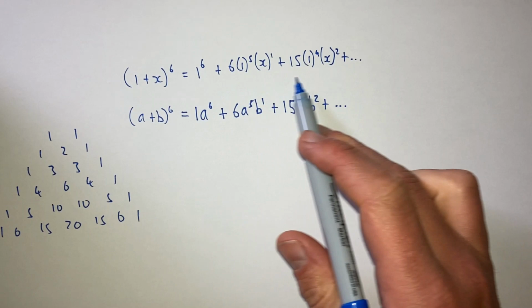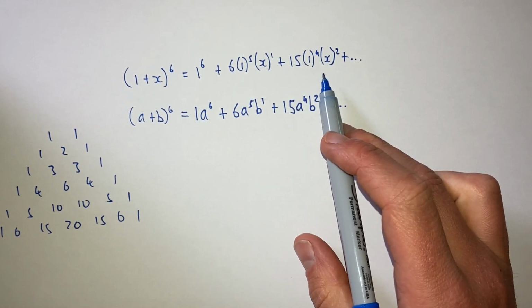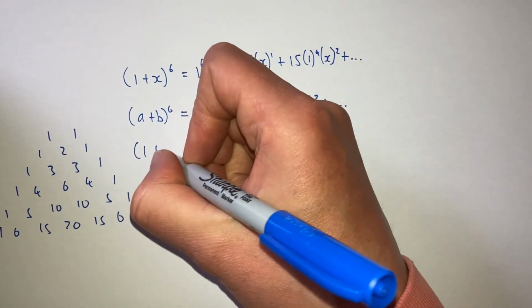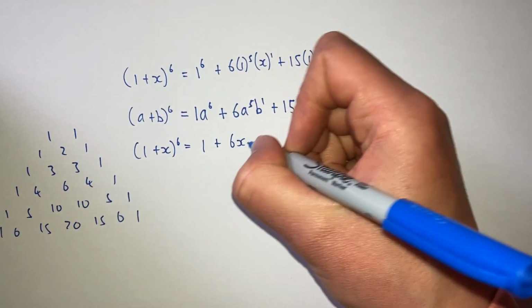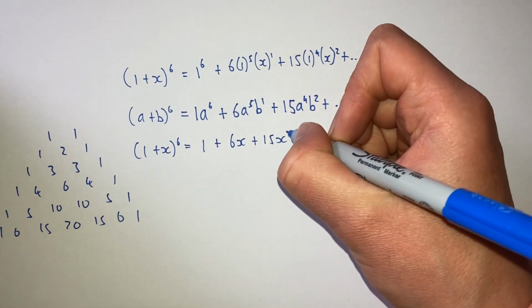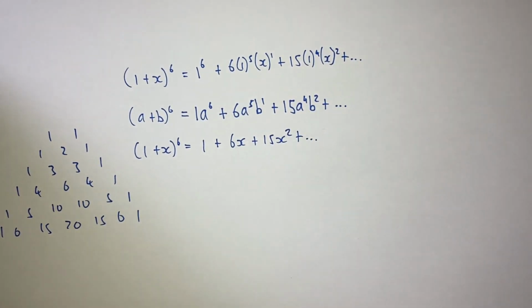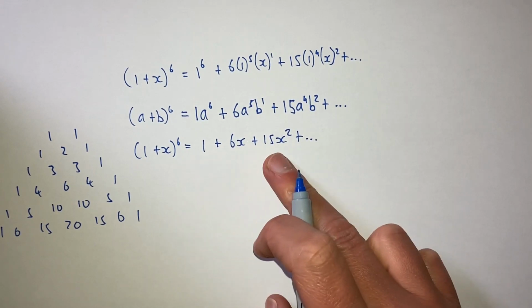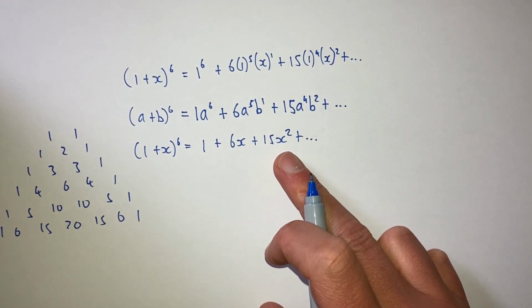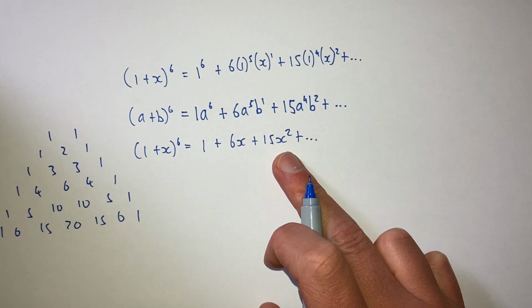And now with this expansion, I'm just going to tidy it up. And here's my answer. It has 3 terms because I only wanted to go up to x squared.